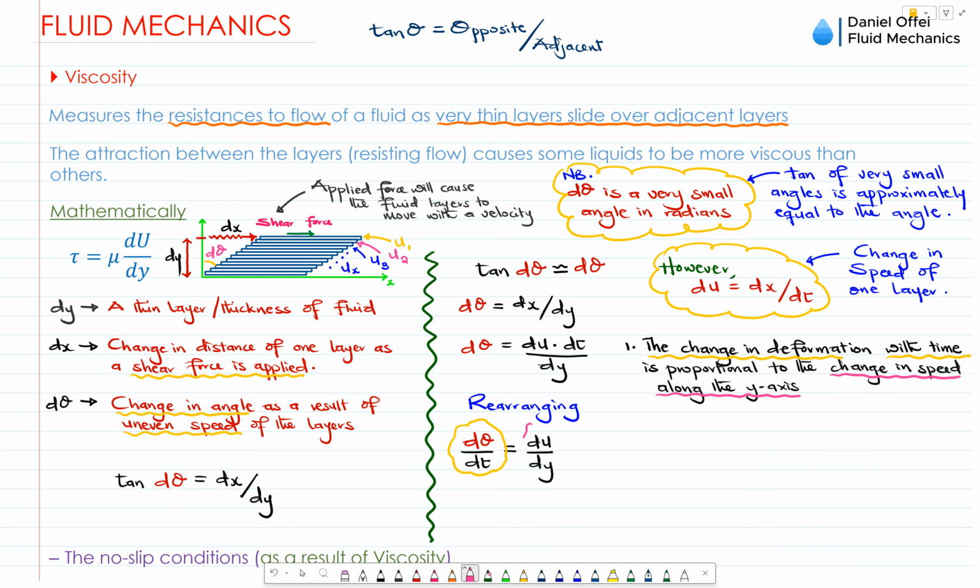The applied shear stress is proportional to the change in deformation with time, so let's just call d theta over dt the shear stress, and that is represented by the Greek letter tau.